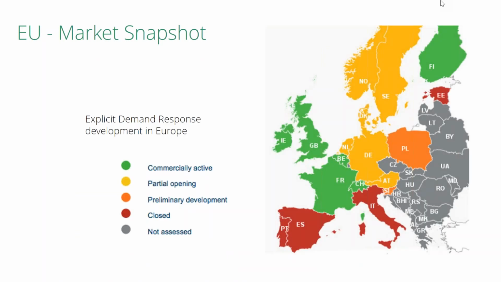When we have a look at Europe, we have to focus especially on Switzerland, France, Belgium, Finland, Great Britain, and Ireland. We have to take into account when accessing these markets that only France and Switzerland have commercially active agreements in place for independent aggregation, including standardized roles and responsibilities of market participants. So these are the most major markets at European level.